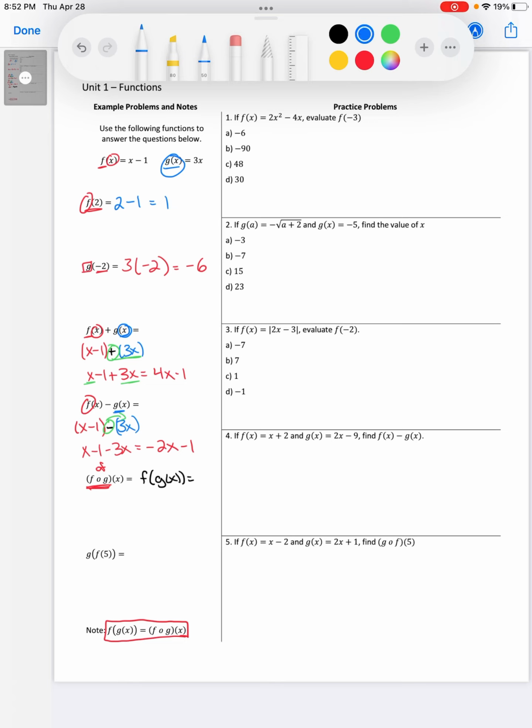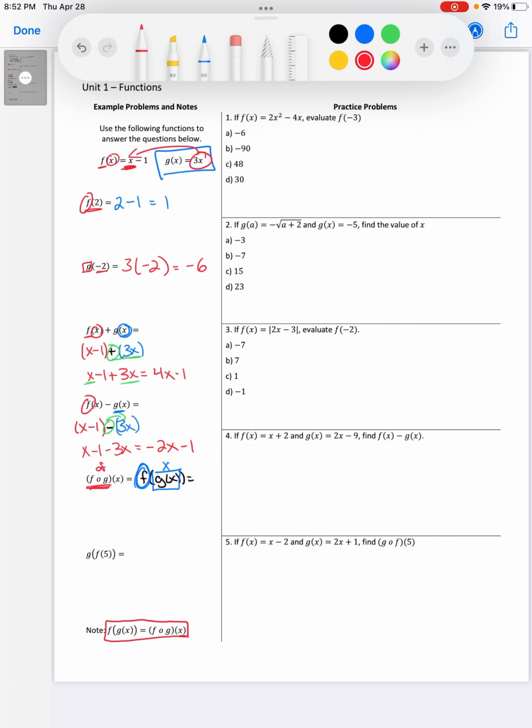So that means I have f, and normally there's an x right here. But what's in the place of x? g of x is in the place of x. Well, what is g of x? g of x equals 3x. So we're replacing this x up here with 3x.